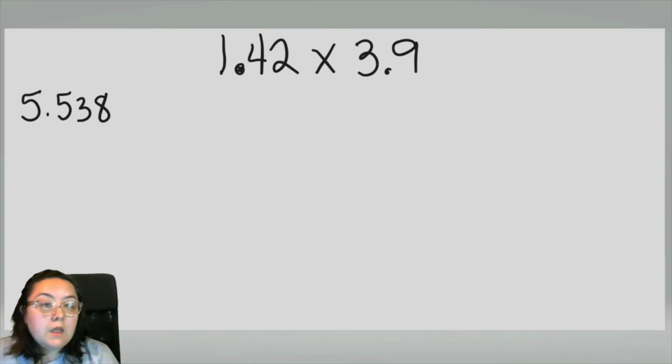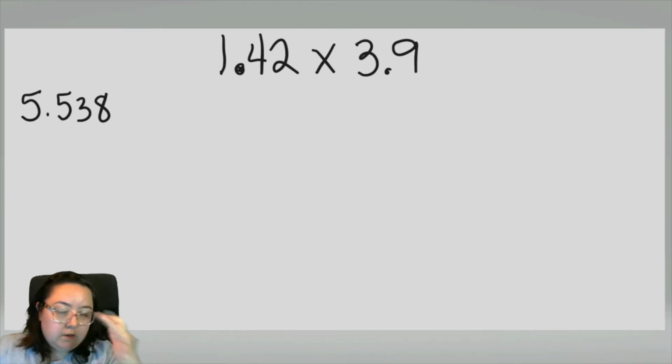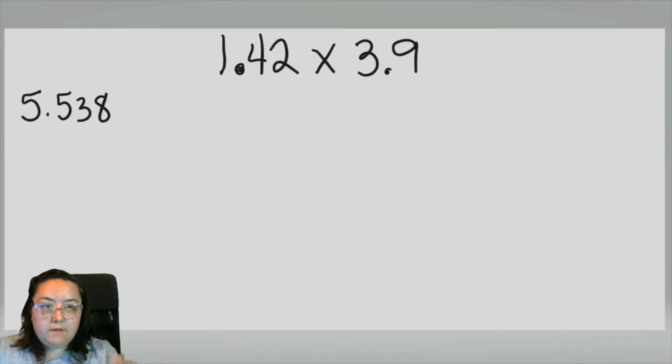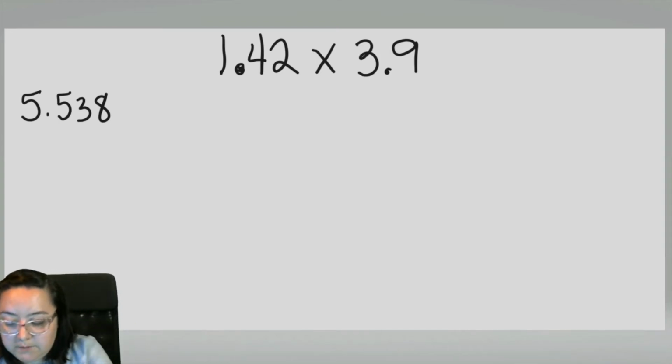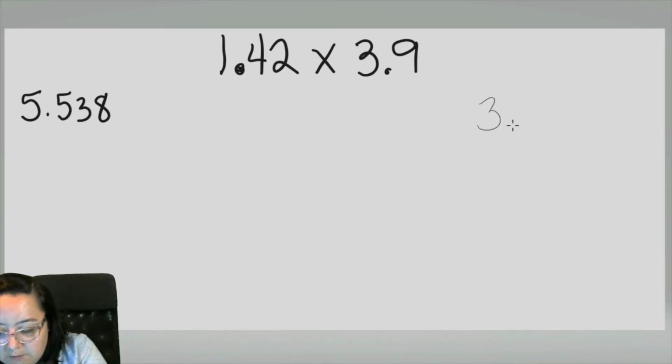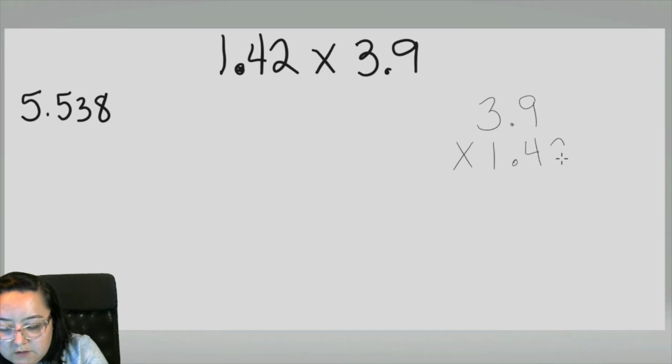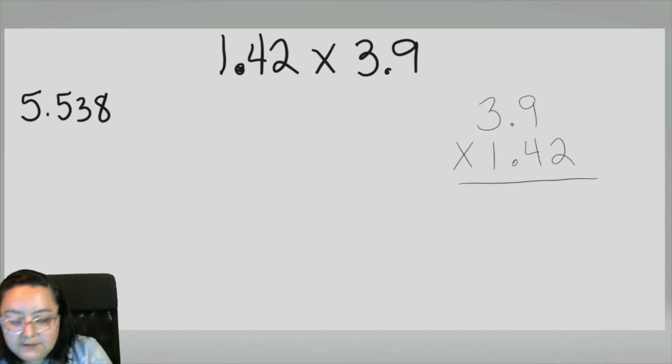All right, so now let's line them up, larger number on top of our smaller number. So that would be 3 and 9/10 times 1 and 42 hundredths.